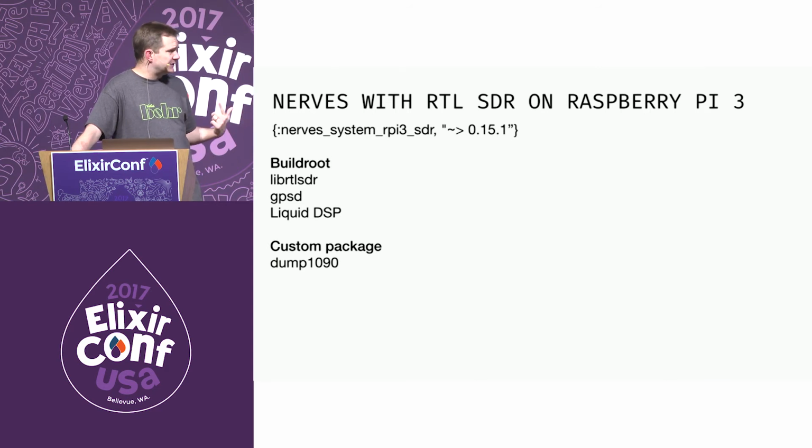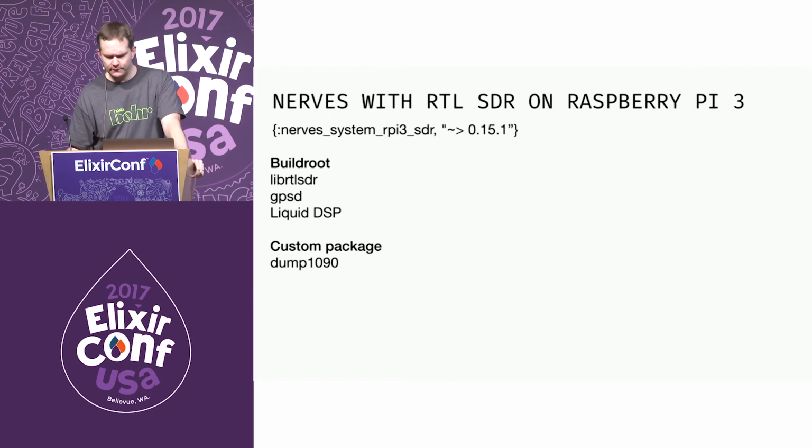I also put GPSD on there because for what I'm doing with ADS-B, GPS is a component of not only being able to figure out how far away the aircraft are, but it also enables you to do a little bit more efficient decoding of their positions if you're within, I think, 180 nautical miles.